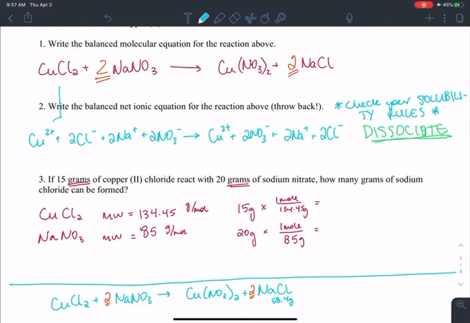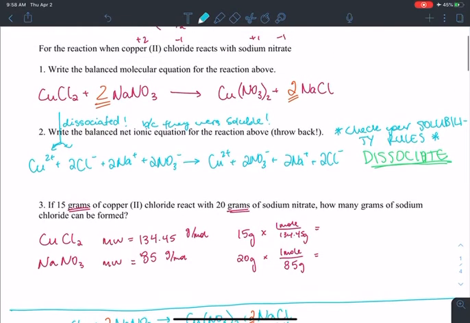So what happened was that each one of these molecules or ionic compounds dissociated in water. And they dissociated because they were soluble. And the way you can check to see if they're soluble is to look up your solubility rules.